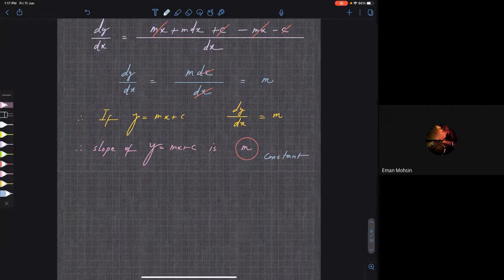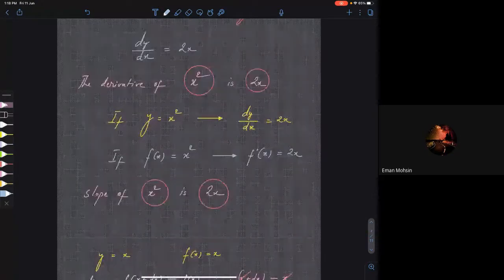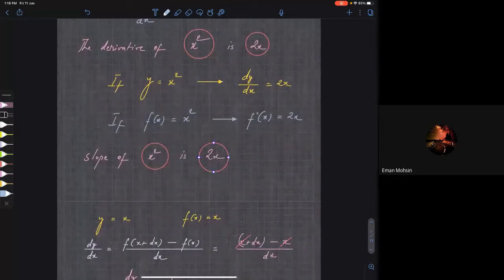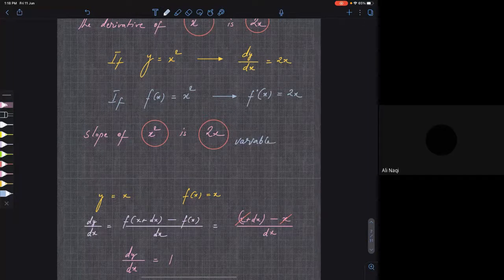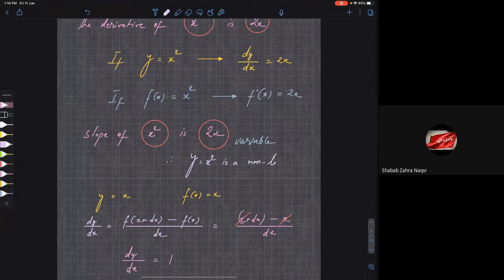Therefore, this is a linear equation. Clear? Now, what was the slope of x square? It was 2x. So is it constant or variable? Variable. Therefore, y equals x square is a non-linear equation. Are you getting my point?